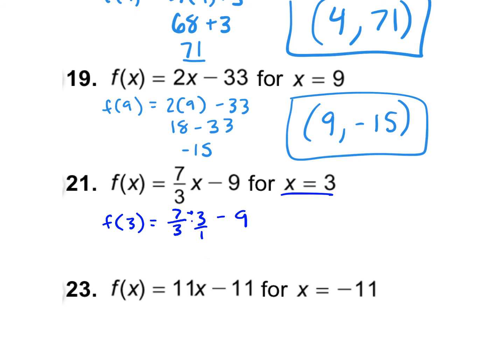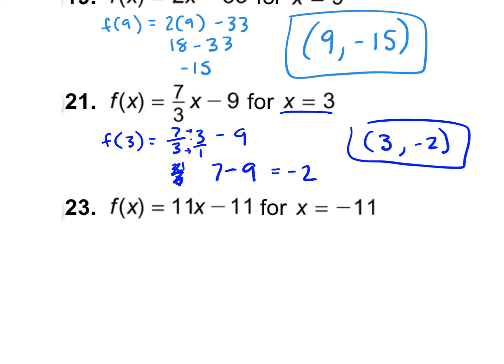We're multiplying 7 times 3 on the top and 3 times 1 on the bottom. This would give us 21 over 3. And we know 21 over 3 simplifies to 7. So this would be 7 minus 9. And 7 minus 9 is negative 2. So I plugged in 3 for x and got negative 2 as my output, so that's my y.